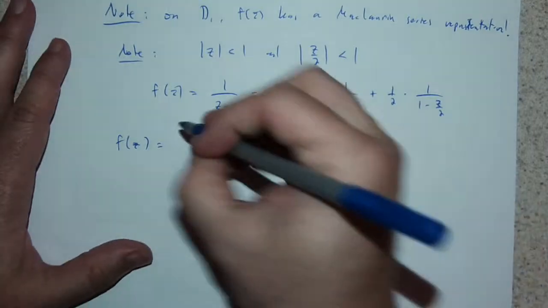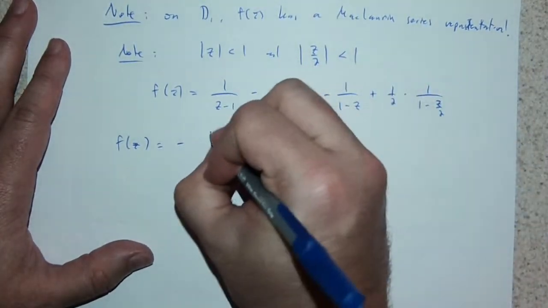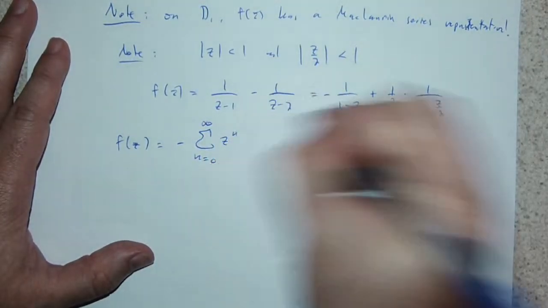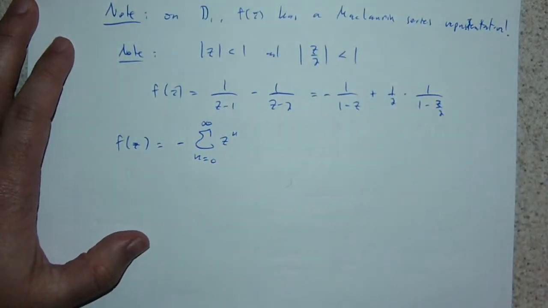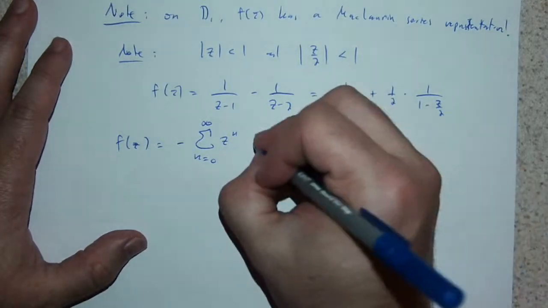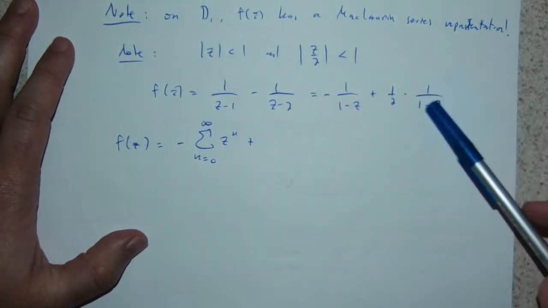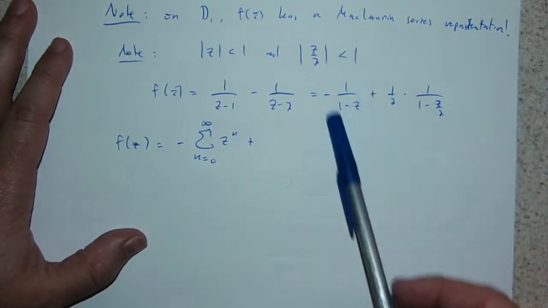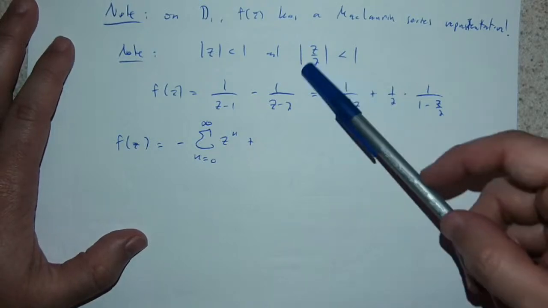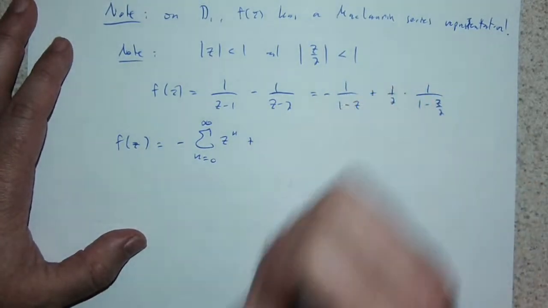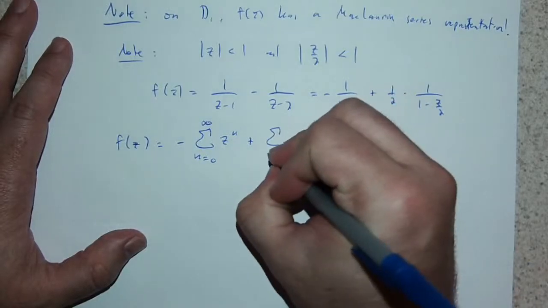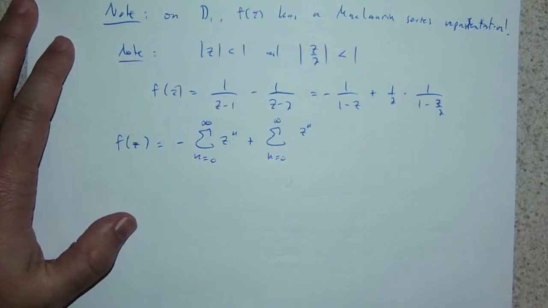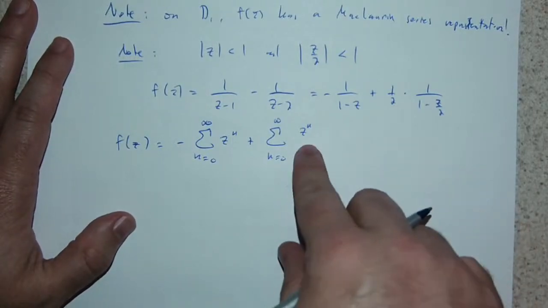This is going to be minus the sum from n equals 0 to infinity of z to the n. It's just directly using the Maclaurin series expansion for that thing. Plus 1 half times the Maclaurin series expansion for 1 over 1 minus z over 2. I can just plug z over 2 into the Maclaurin series expansion for 1 over 1 minus z because z over 2 also has modulus strictly less than 1. And so this becomes plus the sum from n equals 0 to infinity of z to the n over 2 to the n times another 2 in the denominator here.